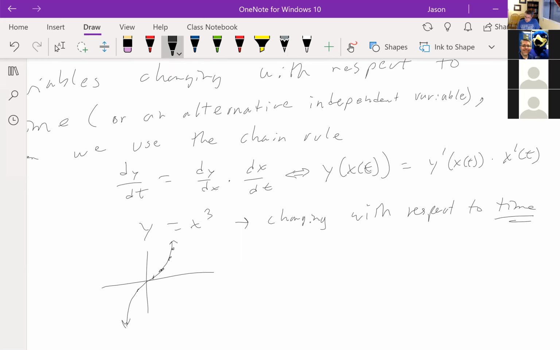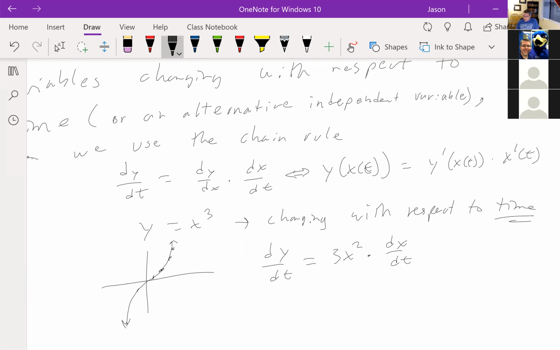So we're not going to take the derivative specifically with respect to x, we're going to take the derivative with respect to t. So what would this become? Well, this y would become dy dt. It's the derivative of y with respect to t is equal to the derivative with respect to x, so that's 3x squared, times the derivative of x with respect to t. Well, that's dx dt.